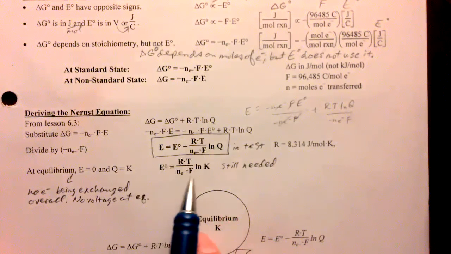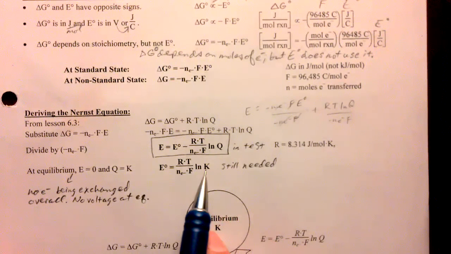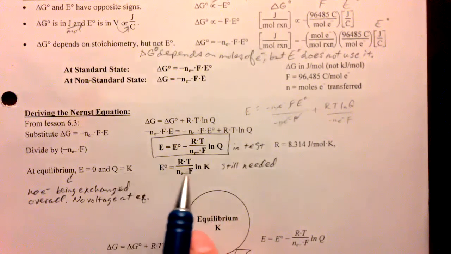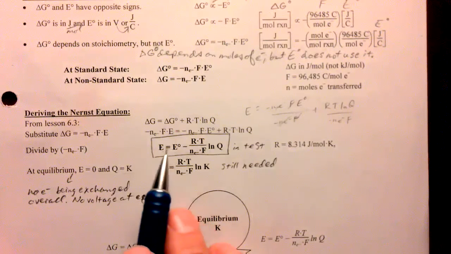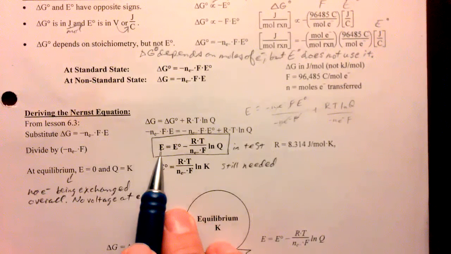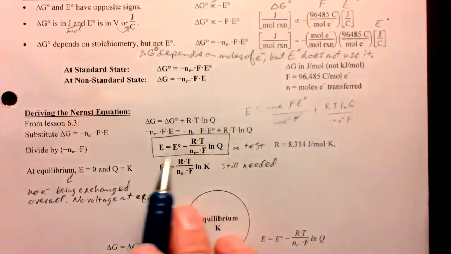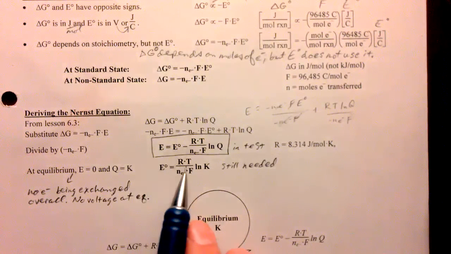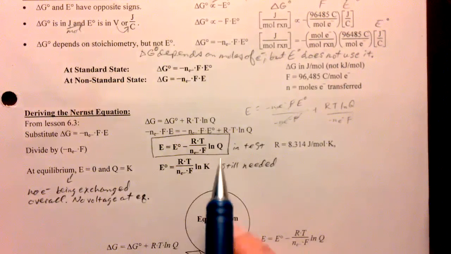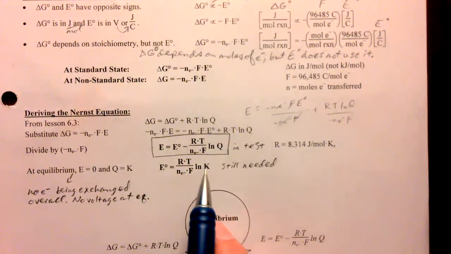This can be rewritten to involve K, though. If you were at equilibrium, the cell potential at equilibrium is 0 because no exchange of electrons is taking place. So this is a 0, so we can pull this over. They both become negative on both sides, so let's just call them both positive. And at equilibrium, Q is K. That's the definition of equilibrium.